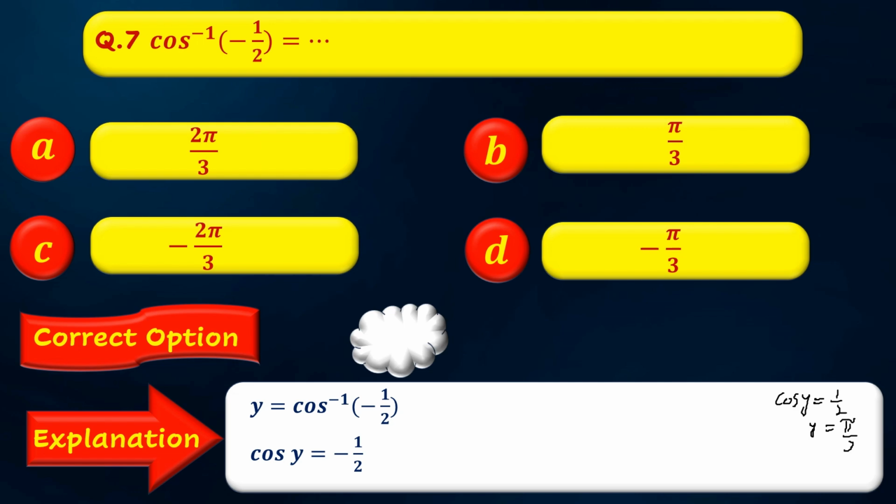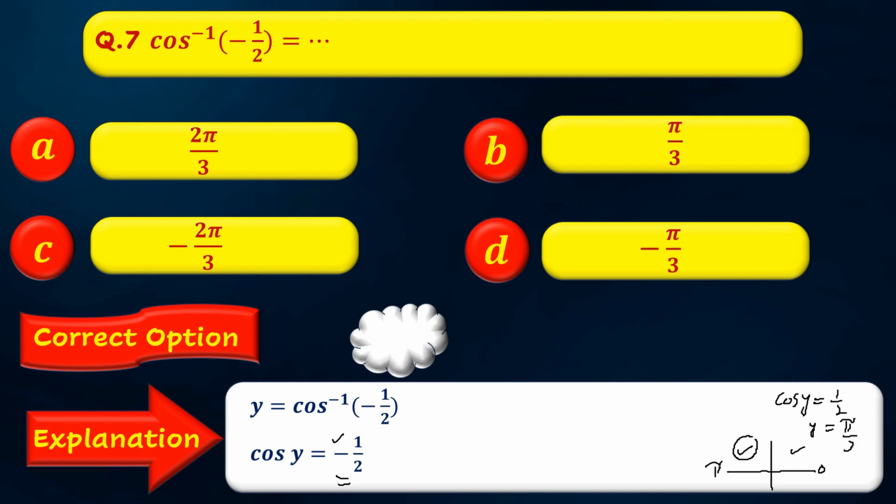Now here the value of cos y is negative, and we know that the domain of principal cos function is from 0 to pi. That is, angle can be in first quadrant or second quadrant. Here the value of cos is negative, therefore angle will be in quadrant 2.